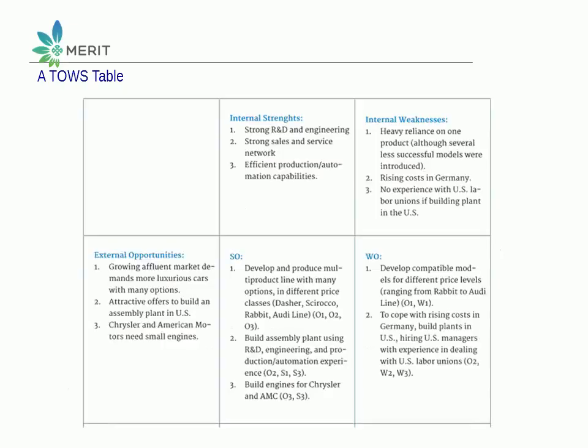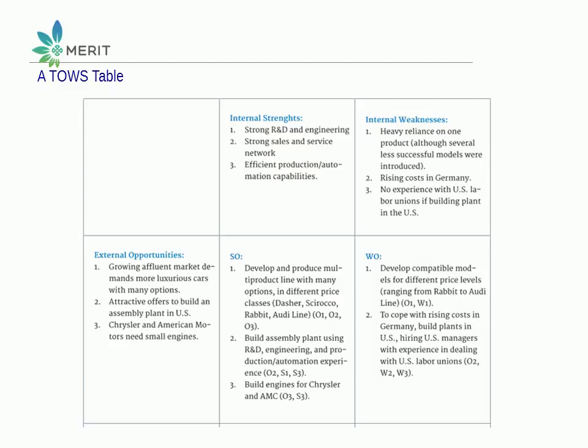All right, so this is an example using some companies. For example, there are some opportunities a manufacturer has identified. For example, there's more demand for luxury cars. It's an opportunity. There's attractive offers to build a plant in the US, and you've identified that two auto manufacturers need smaller engines.